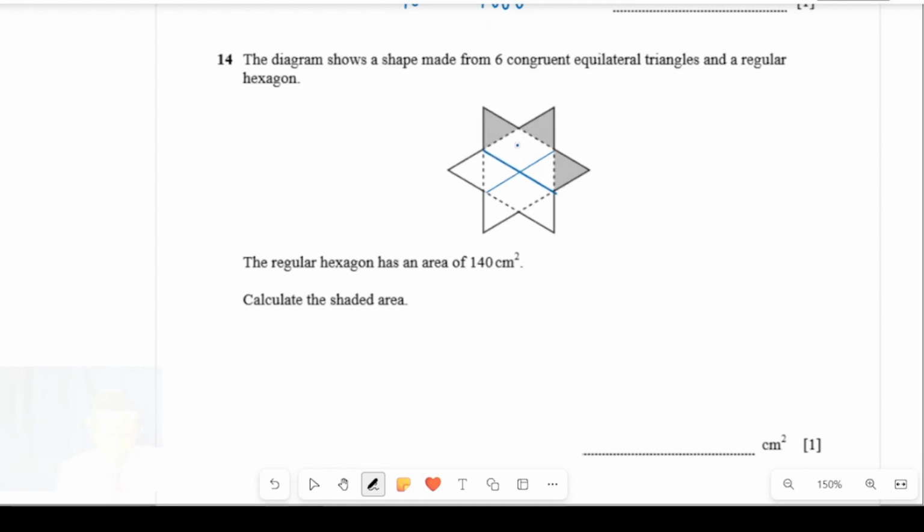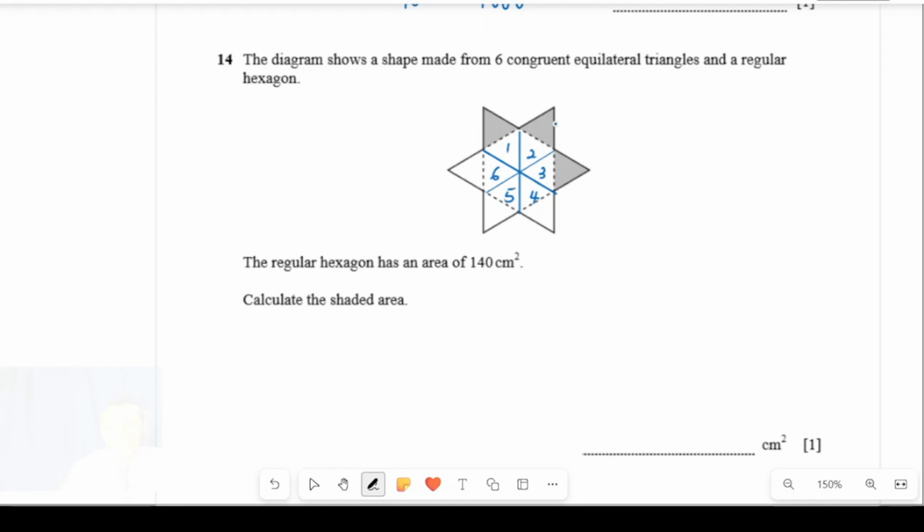Okay, now if you look at the hexagon, can we count? 1, 2, 3, 4, 5, 6.